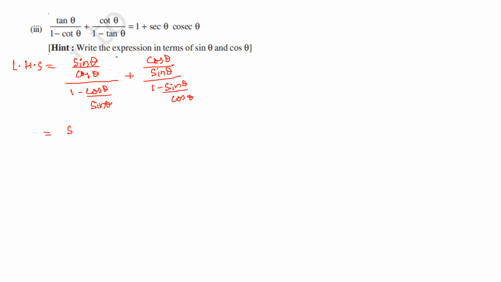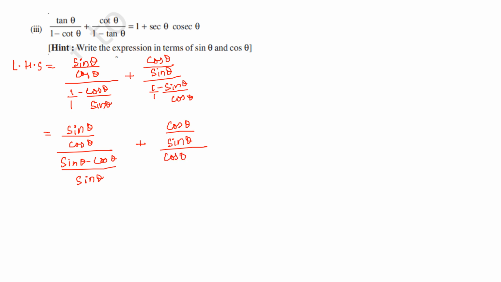So the numerator will be as it is, sin theta by cos theta, and in the denominator, if I take LCM, it will become (sin theta minus cos theta) by sin theta, plus cos theta by sin theta, and here the LCM is cos theta, so it will become (cos theta minus sin theta) by cos theta.